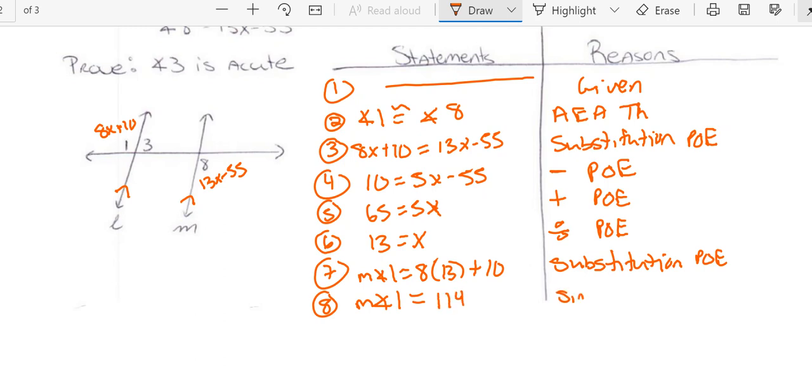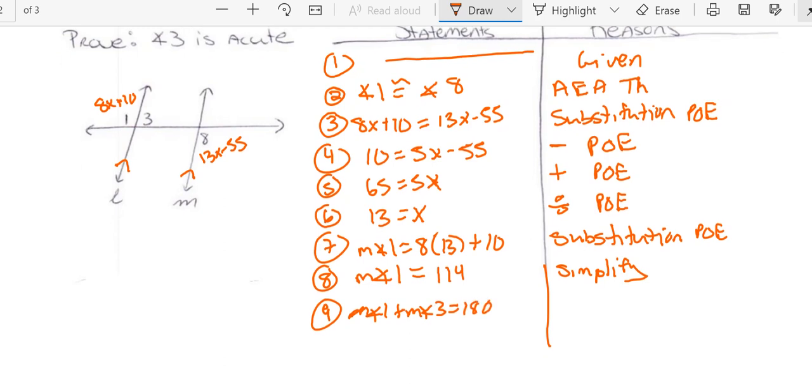So let's simplify. Next step is angle 1 and angle 3. You should know that they're a linear pair, plus the measure of angle 3 equals 180. And that's because they're a linear pair.